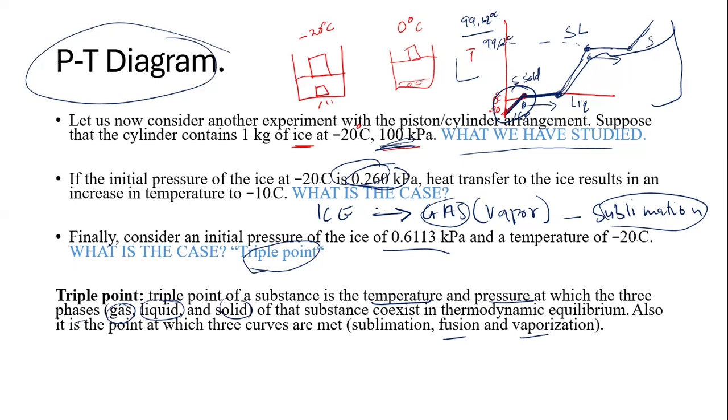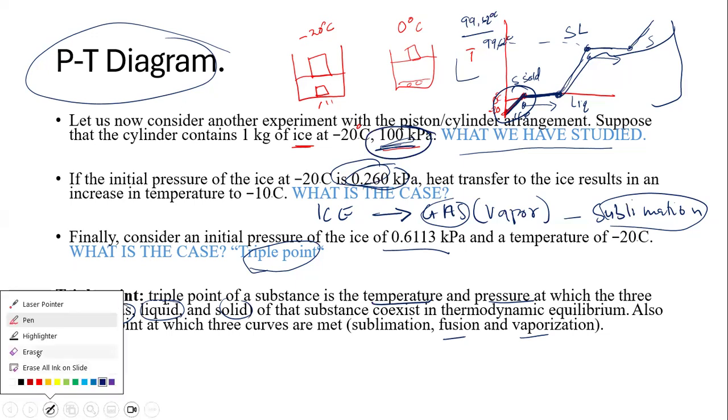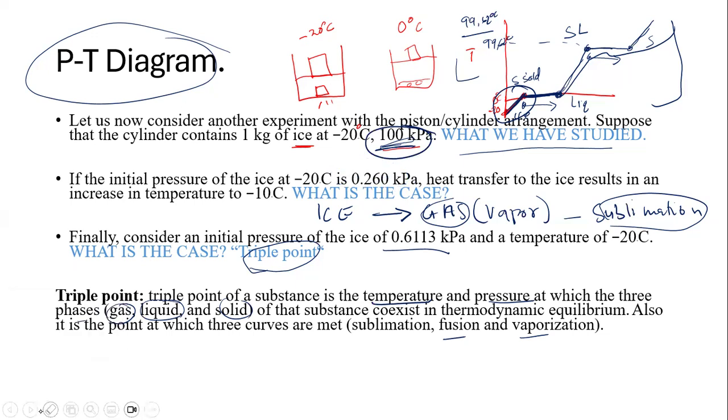So basically, in short summary, at 100 Kelvin is what we are familiar with. For water, right? We are talking about water here. You need to understand, at a pressure of 0.260, which is a lower pressure, we are talking about sublimation.